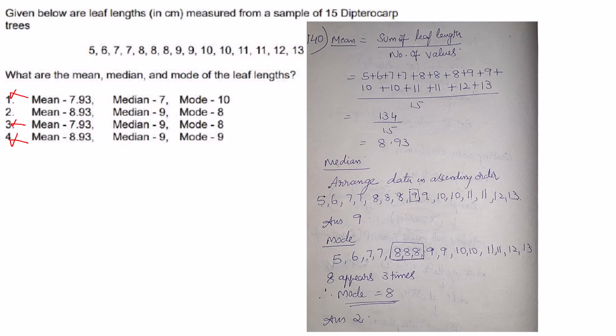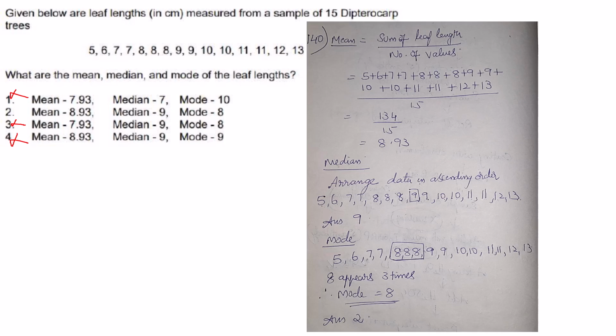Now median is the middle value of the data when you arrange it in ascending or descending order. Usually it is done in ascending order because that is more convenient. Here, since it is an odd number of values, you take the middle value. Since there are 15 of them, the 8th value will be the median.